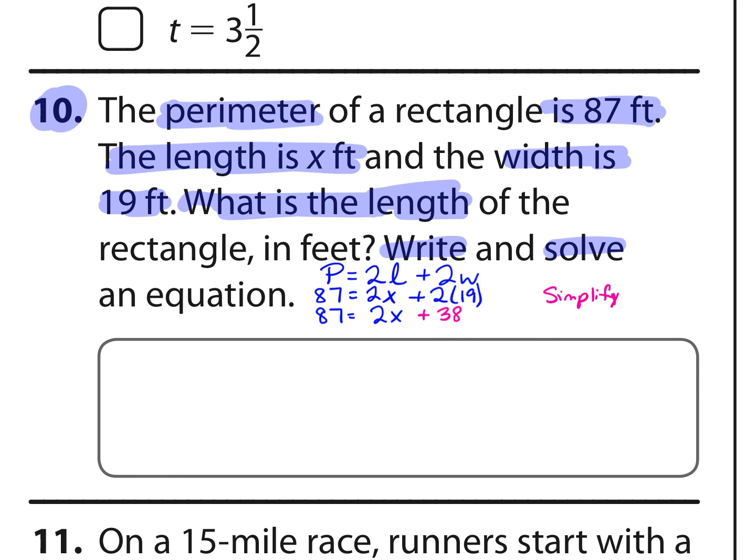Now we just have a little 2-step equation. I'm going to get 2x by itself, so I'm going to subtract 38 from both sides. 87 minus 38 is 49, and that's equal to the value of 2x.